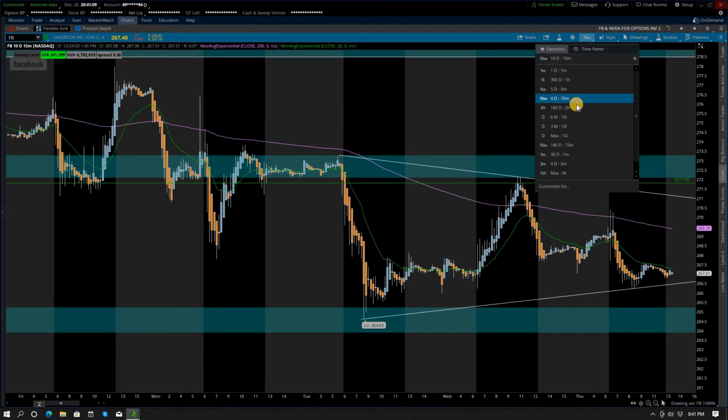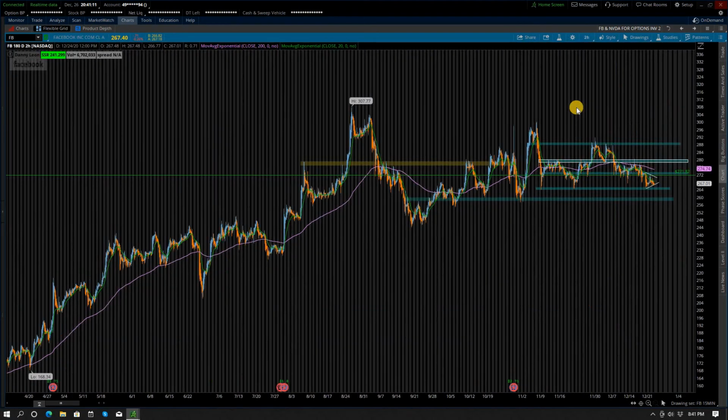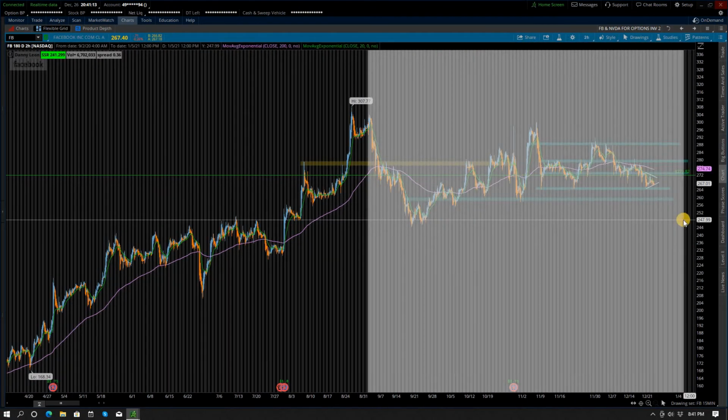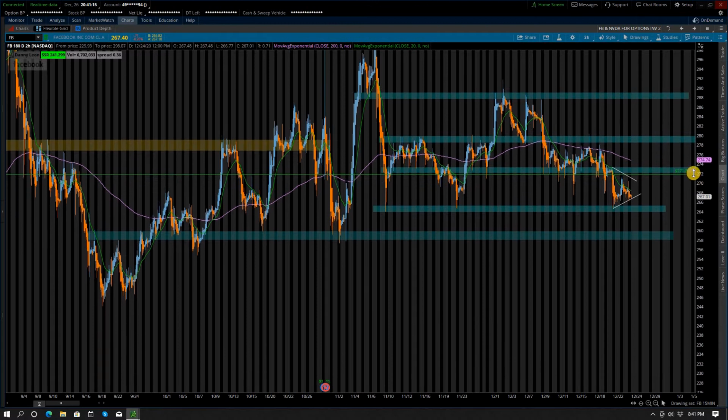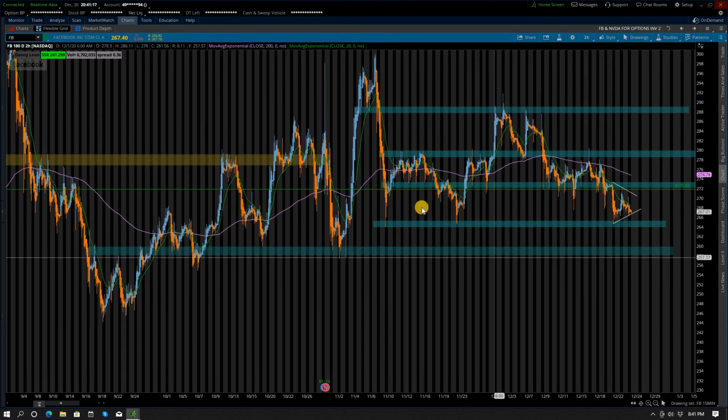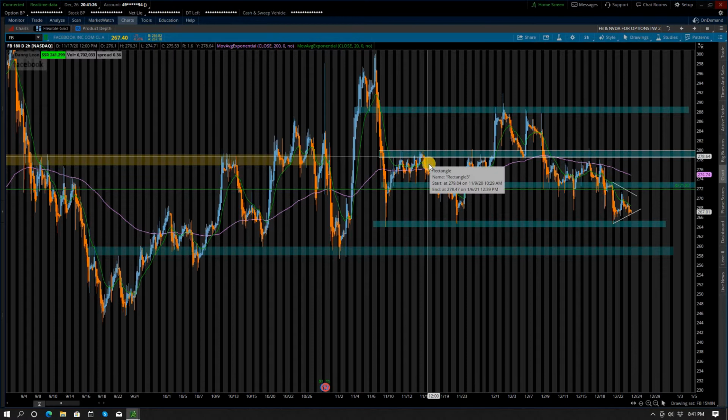I like to go to the 2 hour, just to have a bigger picture of what I'm looking for. As you guys can see, these blue levels here are basically the 1 hour and 2 hour levels that price tends to respect.